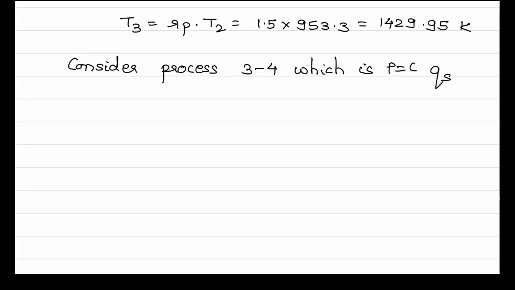P3 V3 by T3 equal to P4 V4 by T4. Since pressure is constant, I will cancel pressure on both sides and I will get this equation. Now again I'll rearrange the terms. If you see here, we are getting V4 and V3. And if you can recall V4 and V3, just see the PV diagram.